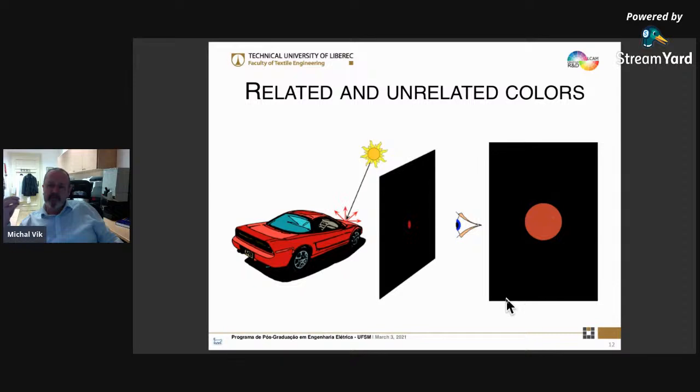But from the CIE definition, we need to remove geometrical attributes of our perception from our evaluation. And we do this via so-called unrelated colors.